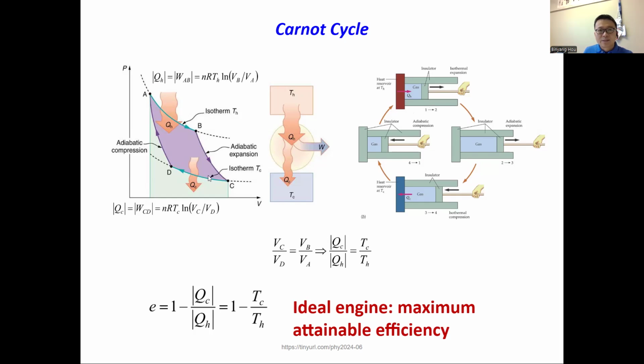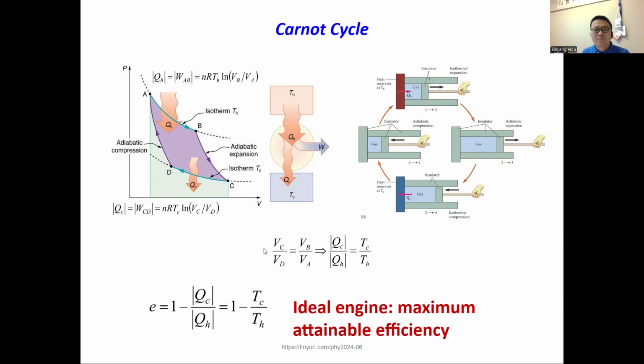So in this case, you can see QH is nRTH ln of VB over VA for the higher temperature reservoir, and here QC is nRTC ln of VC over VD, because these two are adiabatic processes. Now, this can be shown in math: VC over VD is actually equal to VB over VA. We need a little bit of calculus knowledge, but it can be proven.